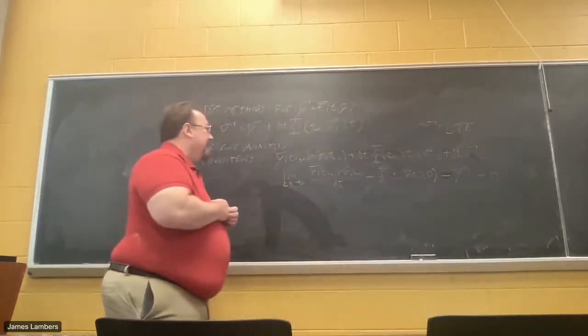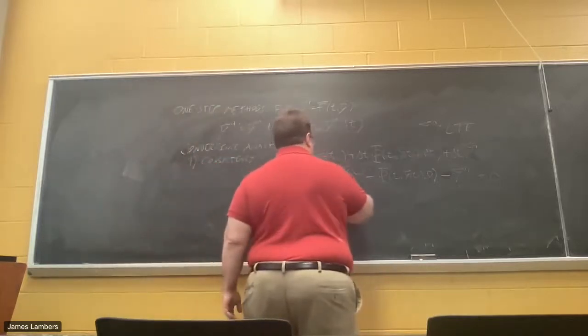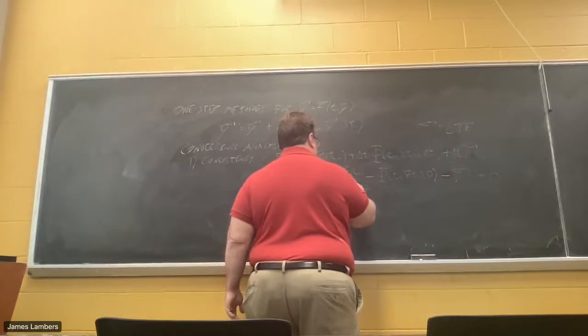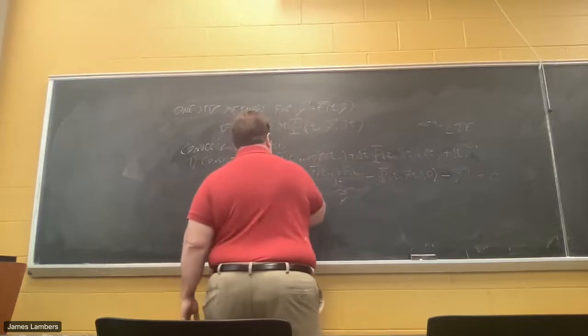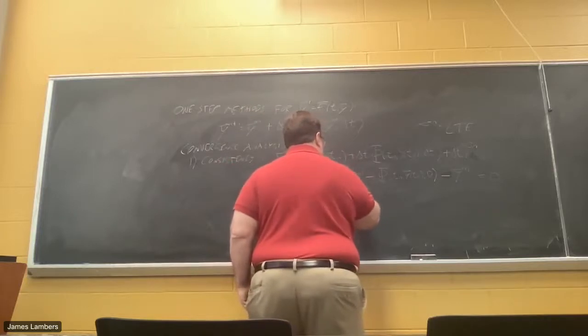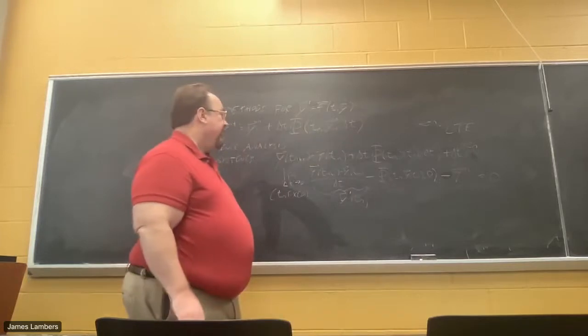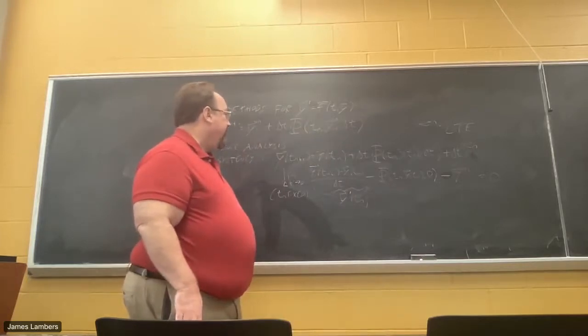What happens once delta t goes to 0? If we think of t_n as being fixed, so I want to emphasize that t_n is fixed, this is becoming y prime of t_n.